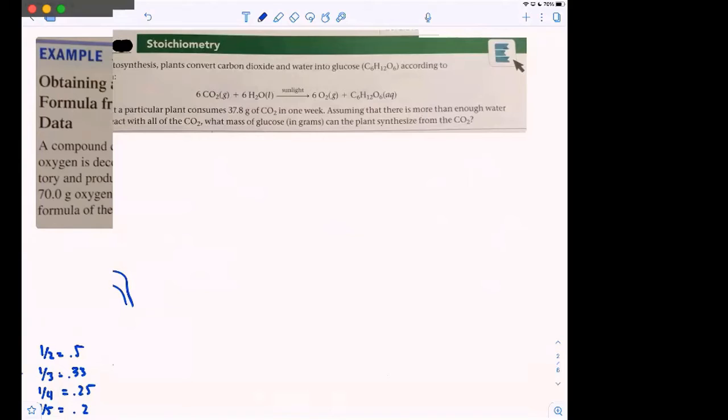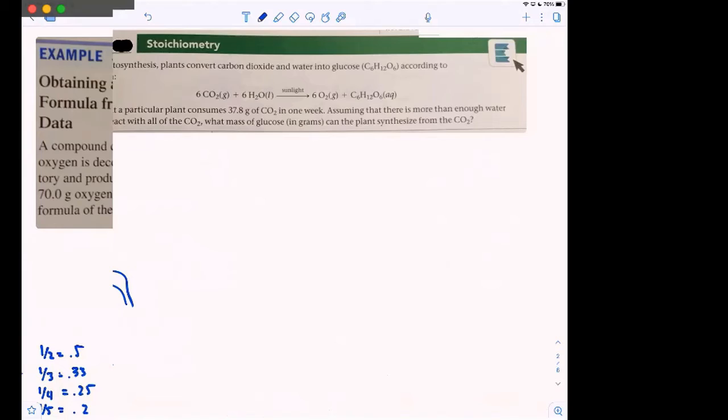The photosynthesis reaction, as a matter of fact, 6 CO2 plus 6 H2O reacting in sunlight makes 6 O2 and glucose. And suppose that a particular plant consumes 37.8 grams of carbon dioxide in 1 week, assuming there's more than enough water present to react with all the carbon dioxide. What mass of glucose can the plant synthesize from the carbon dioxide?